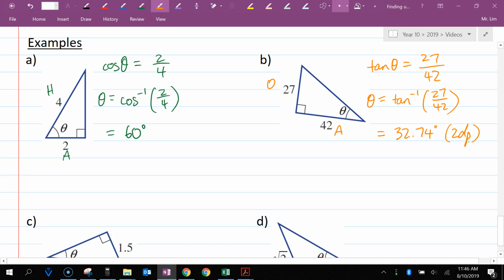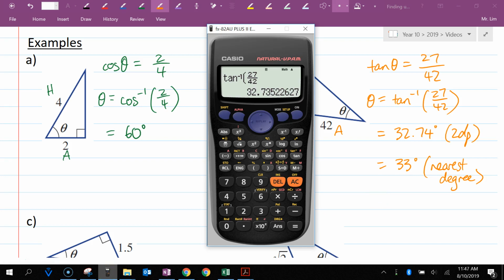If the question tells you to round your answer to the nearest degree, then that would be 33 degrees. That's the nearest degree. However, if the question tells you to round it to the nearest minute, we need to press this degrees, minutes, seconds button, or the bubble button. So we tap that. It says 32 degrees, 44 minutes, and 6.81 seconds.